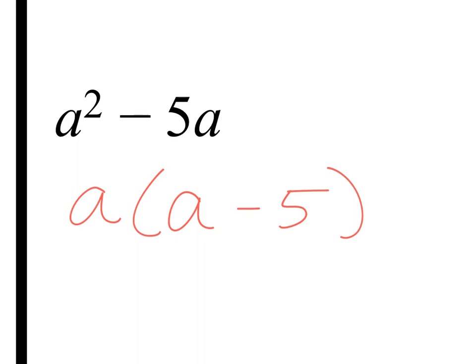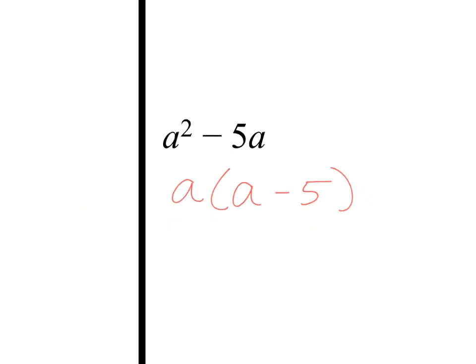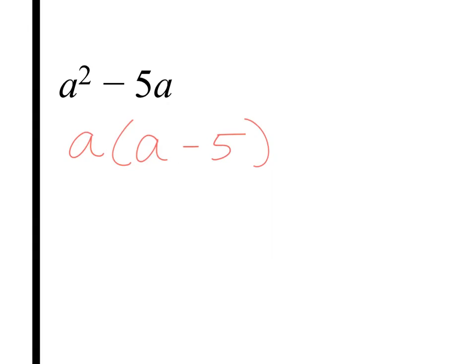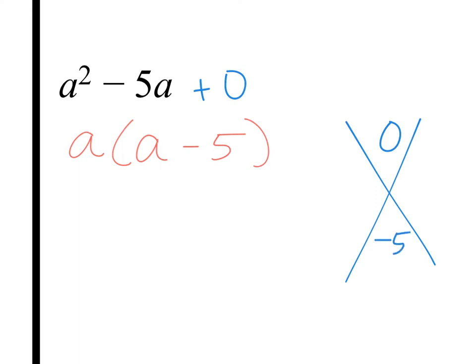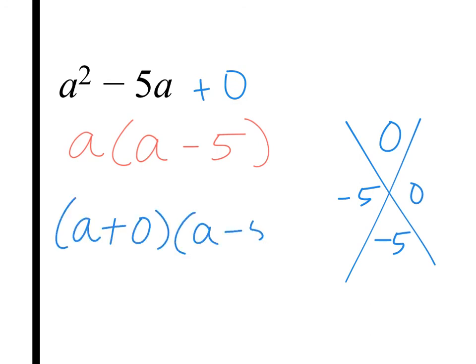So if you see two terms, it's like one of these two cases. If you want two numbers, so you're doing plus 0, it'd be two numbers that multiply to 0 and add to negative 5, which are negative 5 and 0. So another way to write this would be a plus 0 and a minus 5. It's the same thing. So if you wanted to do it that way, you can.